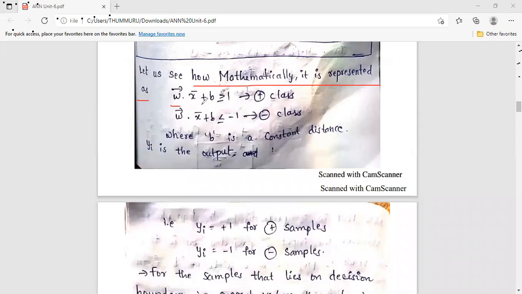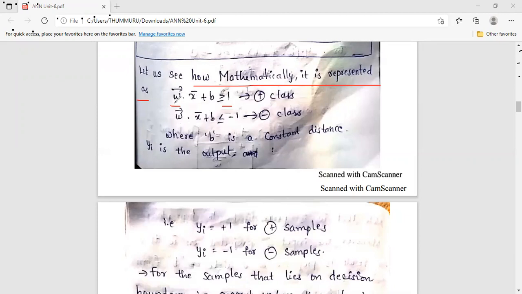Weight vector into x bar plus b greater than or equal to 1. I have already told you this. So with the weight vector and the given input value plus the bias, if it crosses the given boundary value, it may come under the positive class. Otherwise, it would come under the negative class, isn't it? So how it would be represented mathematically, we'll see step by step.